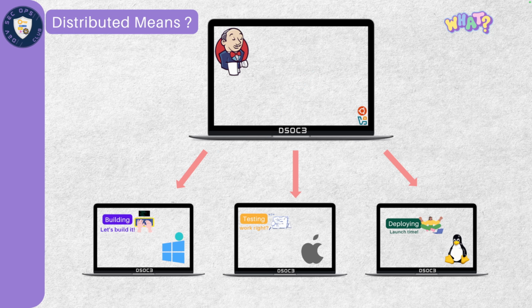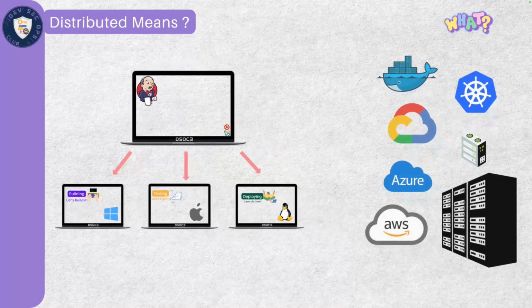So that's what happened in this case. When you have to perform testing or do some other job, you can have an extra machine or an agent machine, which can be on Mac, for example. Or let's say that after doing all these things you need to deploy on a Linux server, then you can set up this agent as Linux. So these are the possibilities. It is not limited to this.